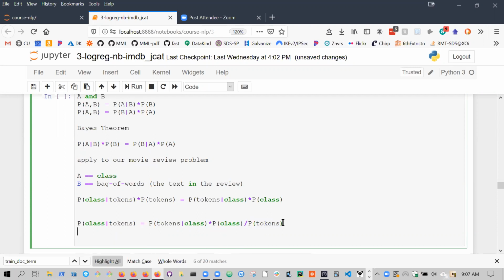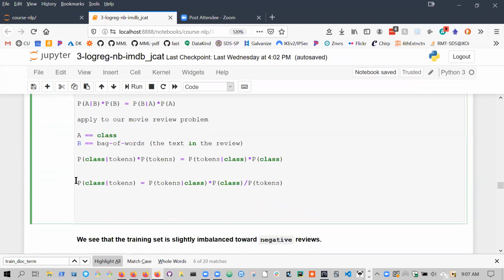So our statement is that P of class given tokens is proportional to this, and that's the naive Bayes classifier right there.